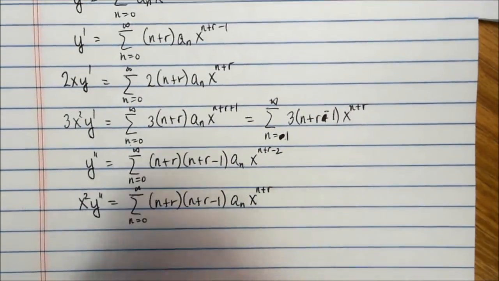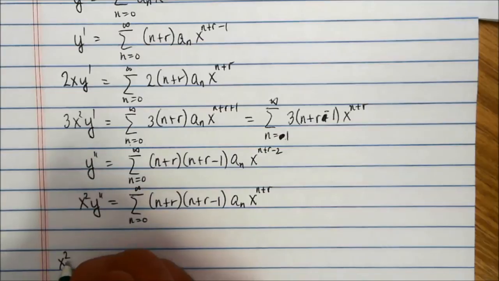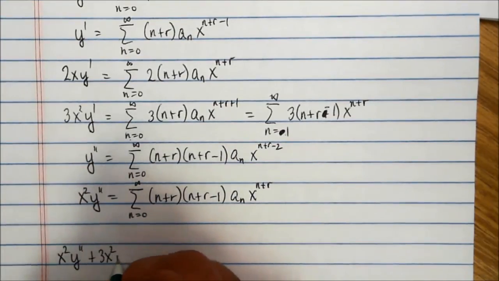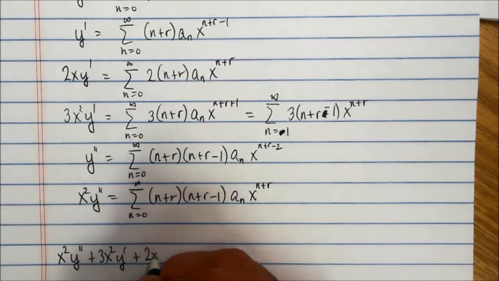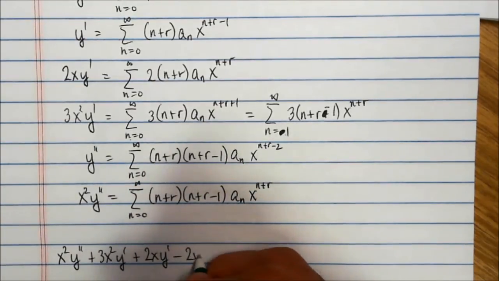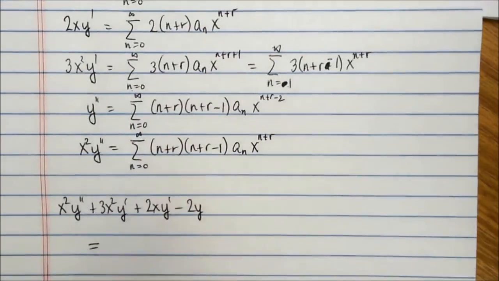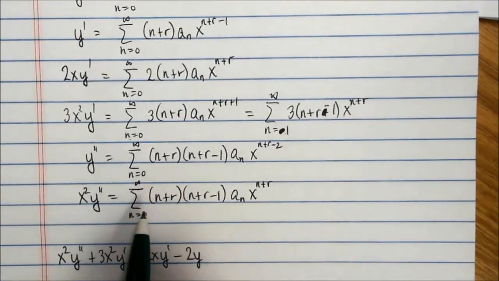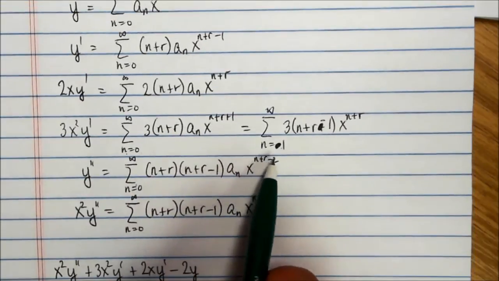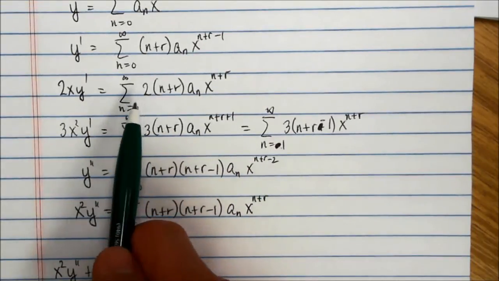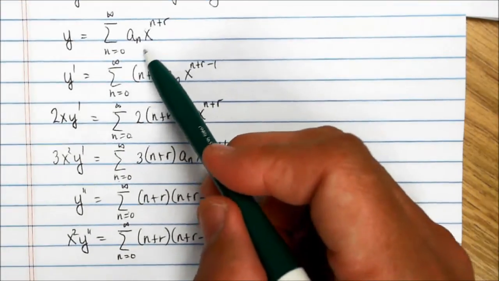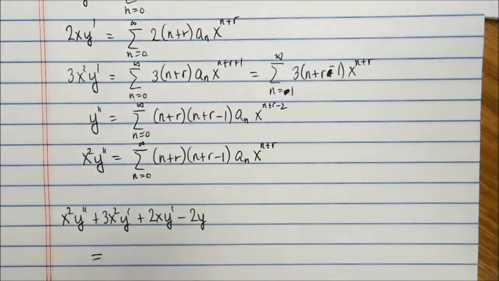Okay, so putting it all together, we have x squared y double prime plus 3x squared y prime plus 2x y prime minus 2y. That's going to be equal to, all right, so here I have a 0 term, here I have a 0 term, here my lowest term is 1. There I've got a 0 term, and on the y I've got a 0 term. So let's take the 0 terms first.